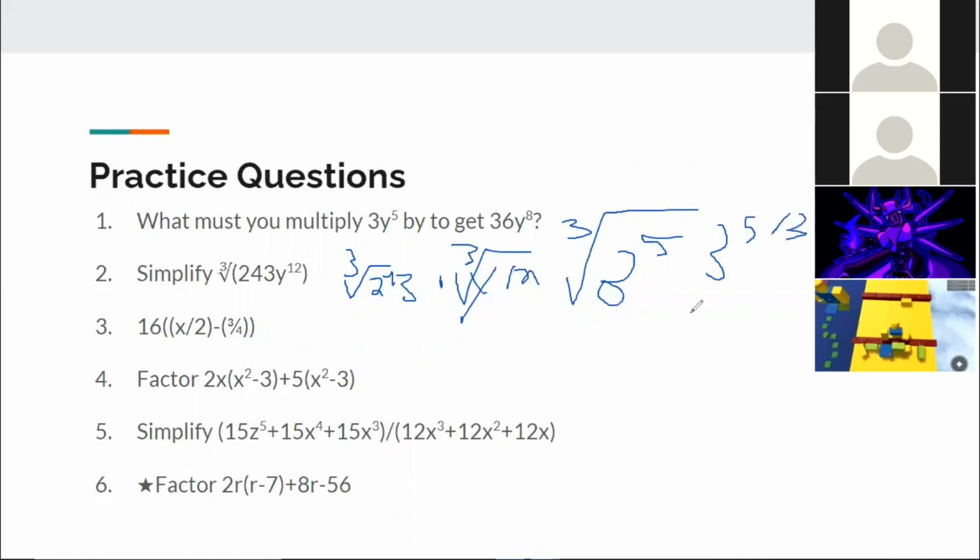And you can take out a 3, so it becomes 3 times the cube root of 9. And the cube root of y to the 12th, you just think, what do you multiply by itself 3 times to get y to the 12th? And that's y to the 4th. So it's just y to the 4th.